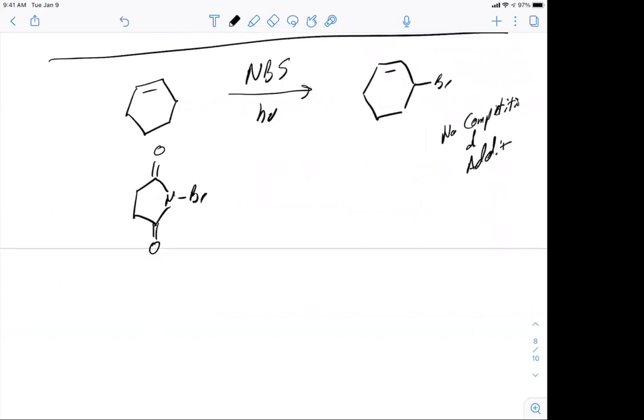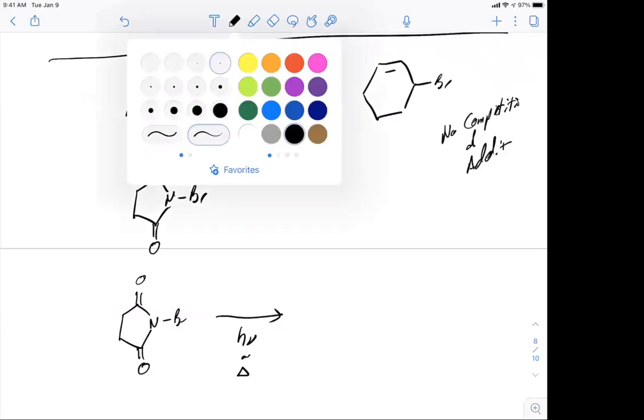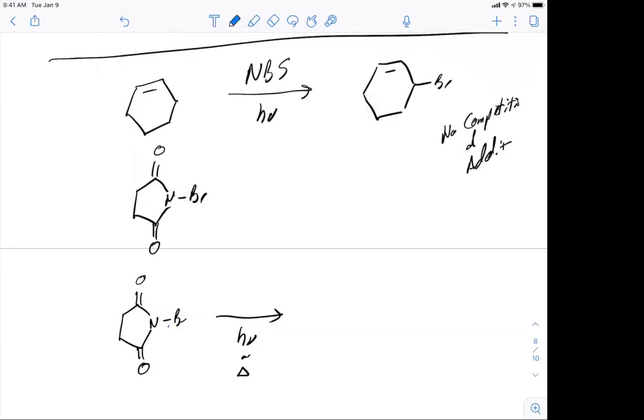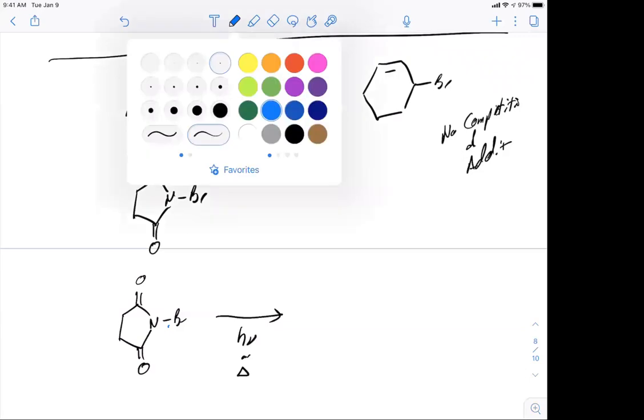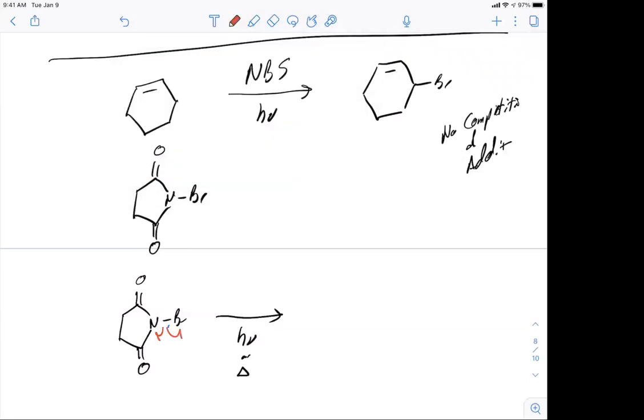What happens in the initiation step? So light, or we could use heat. This one works either way. We get a homolytic cleavage.